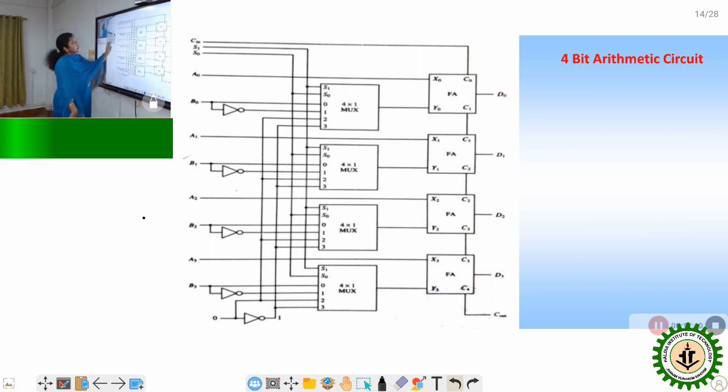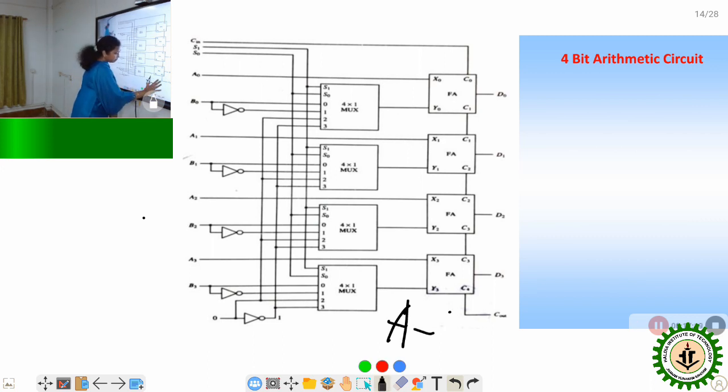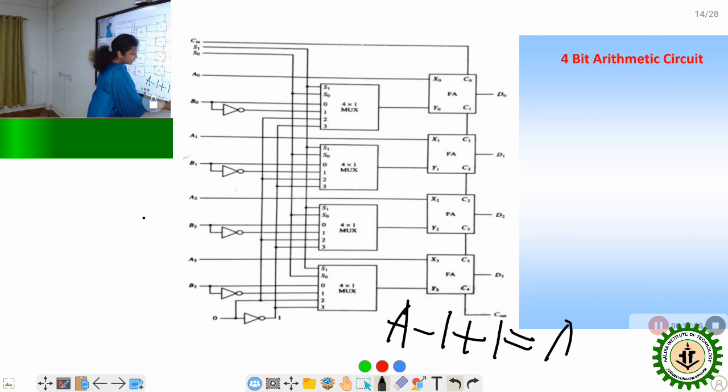And when Cin value is equal to 1 also, at that time what happens? A minus 1 plus 1, that is A. That means a simple data transfer operation will be possible.